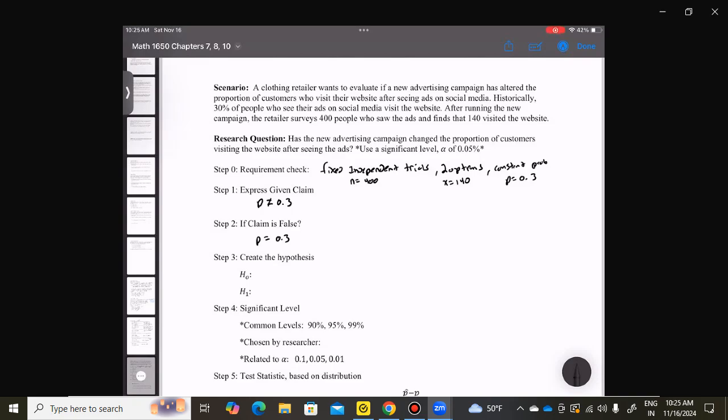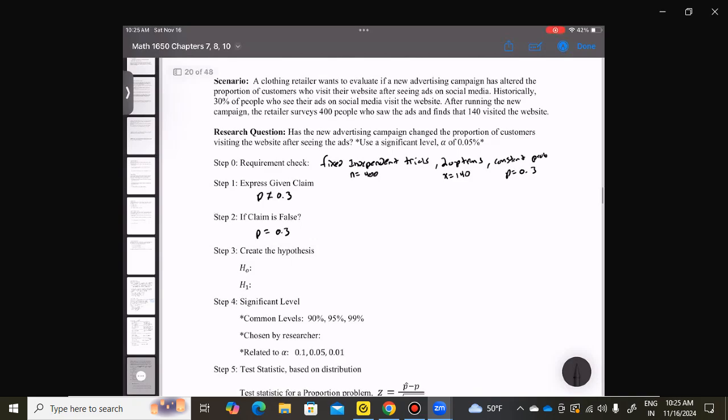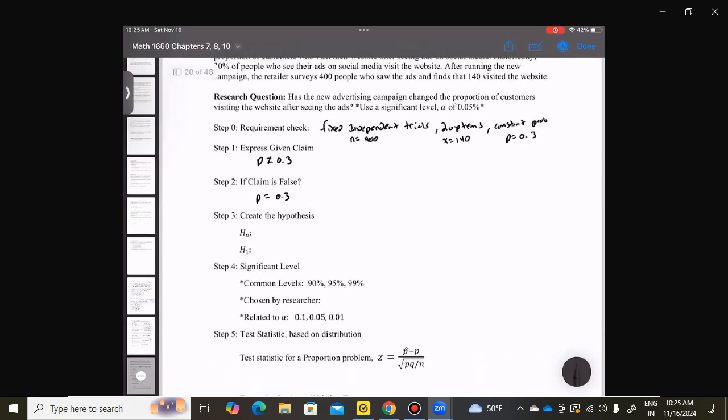And so what we do is step 1, just writing out the claim. Step 2 is looking at what happens when that claim is false. Now we create our hypothesis. The null is always going to be the equal to. And then the alternate, we can say is p is not equal to 0.3, which is our claim.